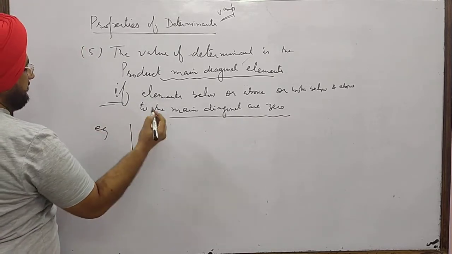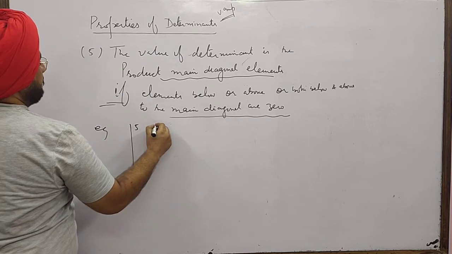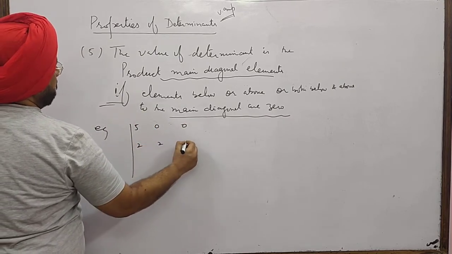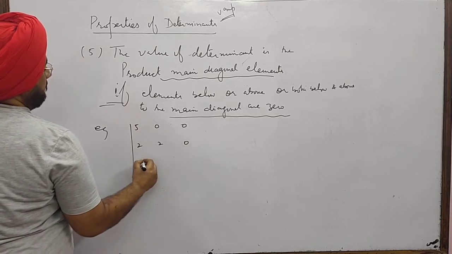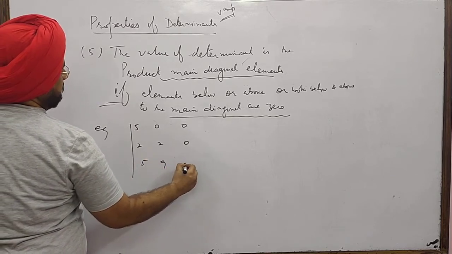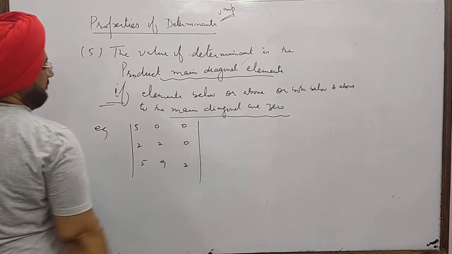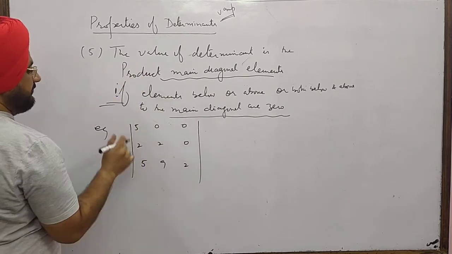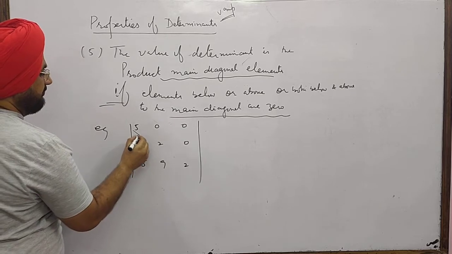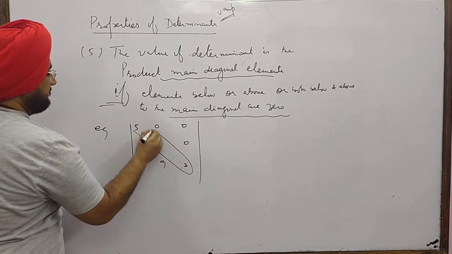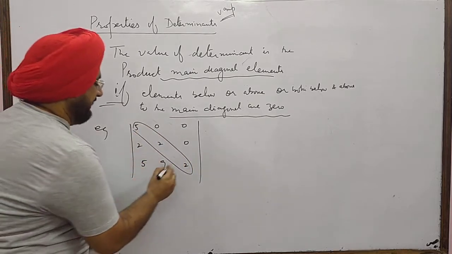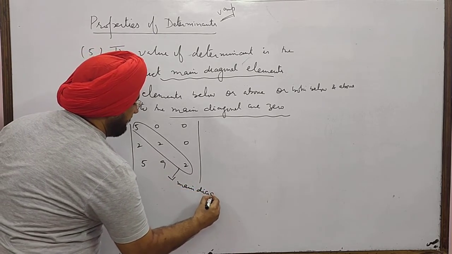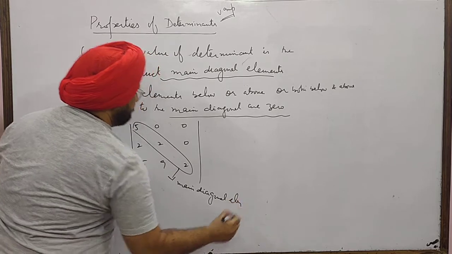For example, if I take determinant 5, 0, 0, 2, 2, 0, 5, 9, 2. This is a particular example of this property which we can apply here. These elements are the elements in main diagonal. These are called main diagonal elements.